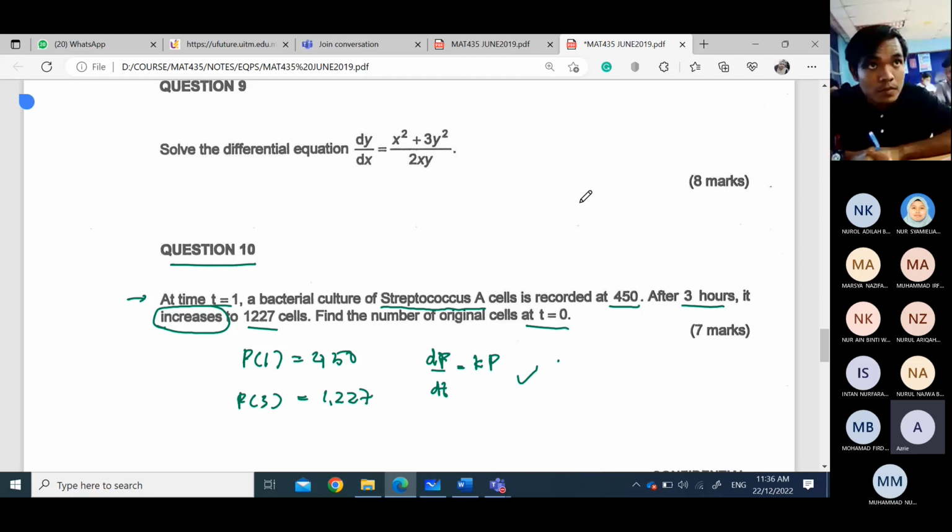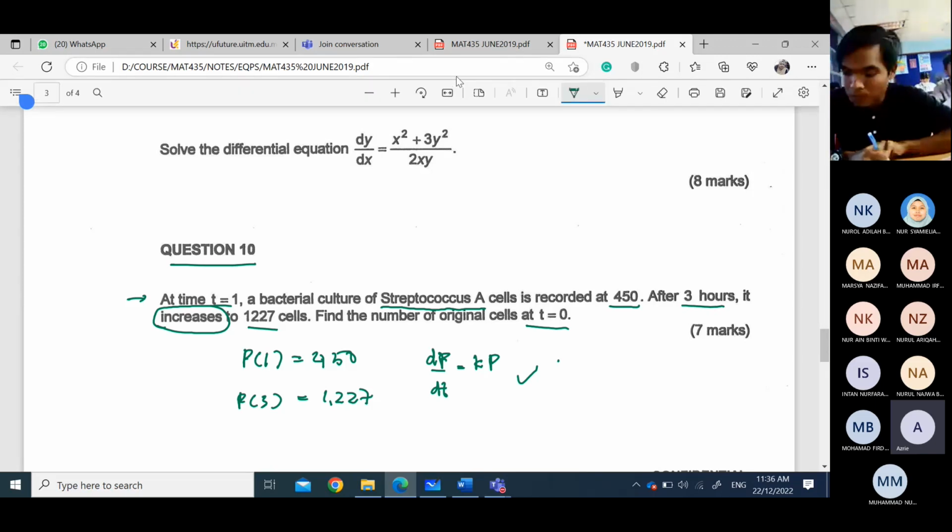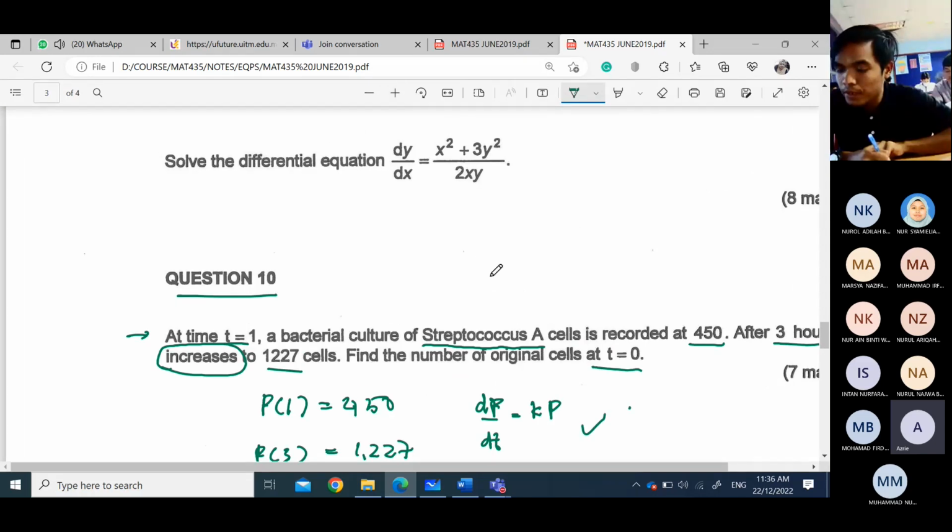Okay, yang dalam my things cuba buat dulu. Nanti kita discuss jawapan. Dia susah cari P0. So you need to derive. You need to find P of t. So how to find P of t? Kita apply equation yang mana? P(t) = Ae^(kt).